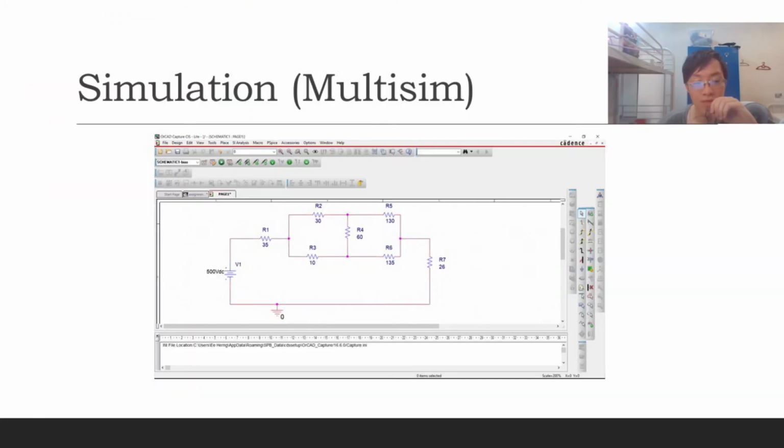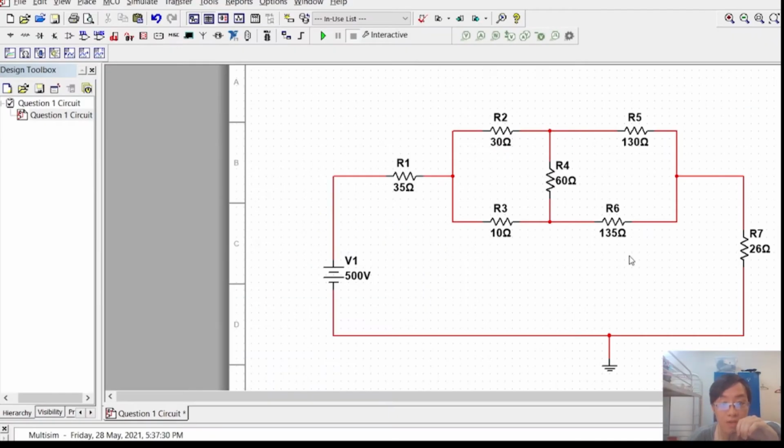Now we proceed to our simulation step. I am using Multisim software to verify my solution. Here is our simulation circuit.